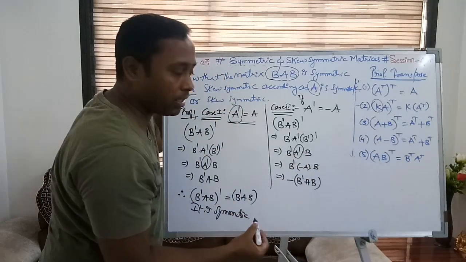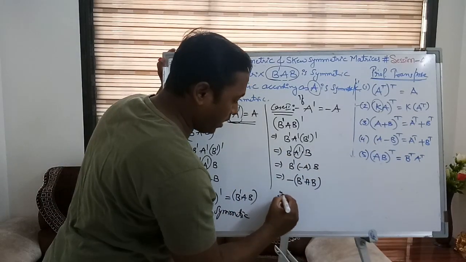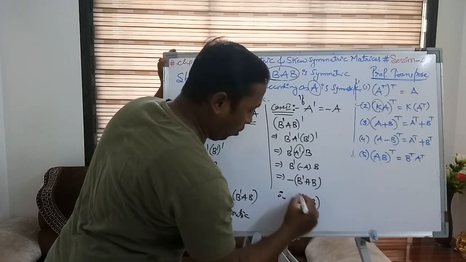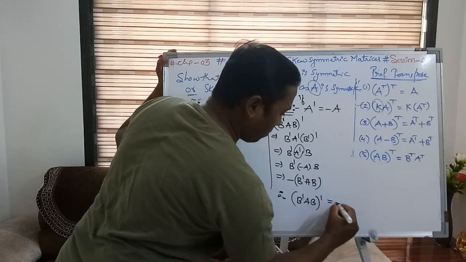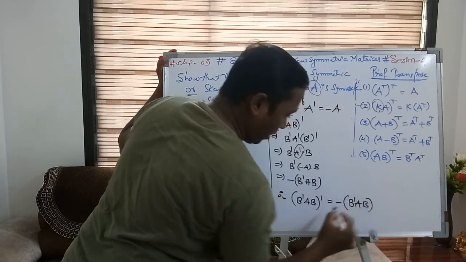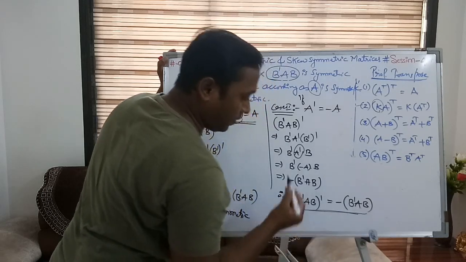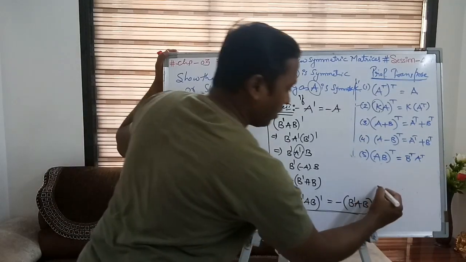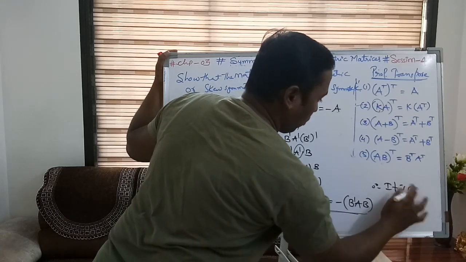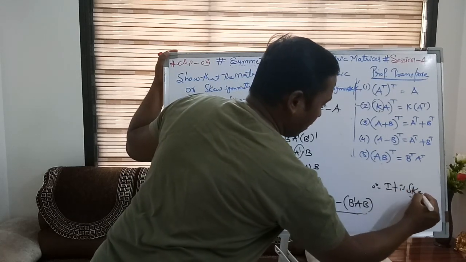So I can keep this minus outside. Hence, what I was able to prove here, B dash A B whole dash becomes minus of B dash A B.